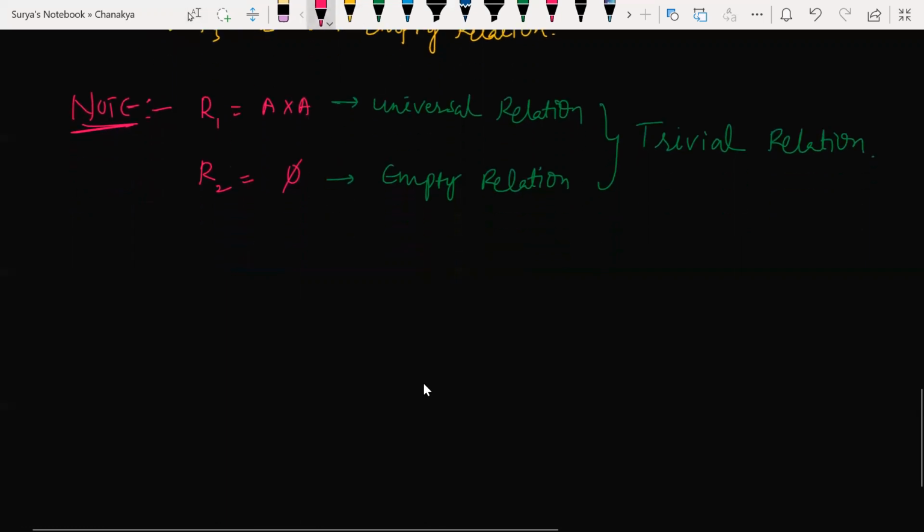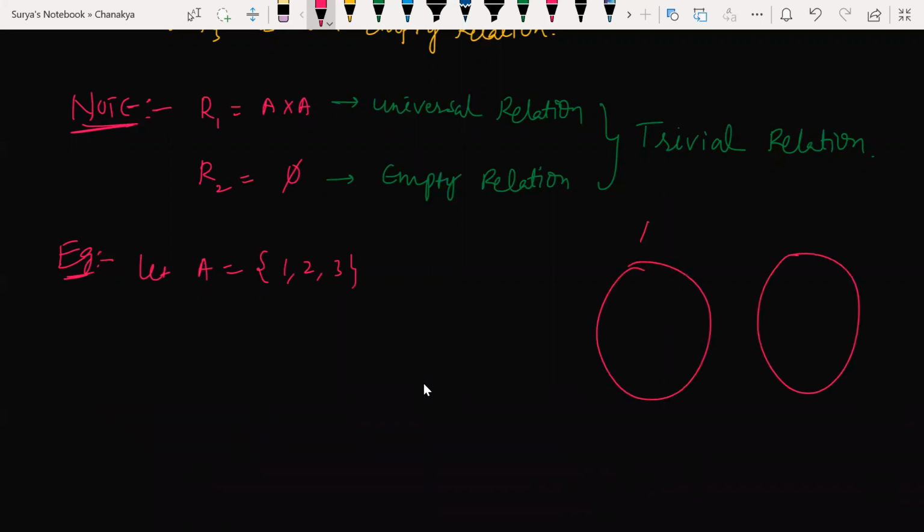Next, now let's see one more example. Let A be equal to the set 1, 2, 3. Now we are taking a relation from A to A. What is the meaning of this?